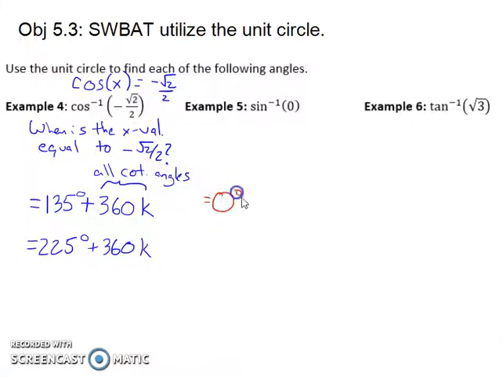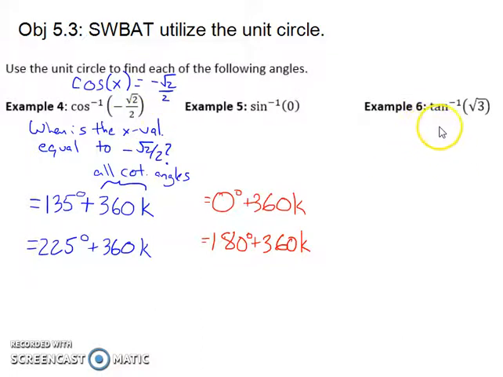This is 0 degrees plus 360k, so plus all of the coterminal angles, and 180 degrees plus 360k. So this is everything. Every possible angle, coterminal or not, whether it's way up in the tens of thousands, is included in here somewhere.